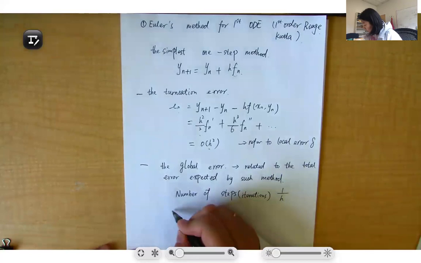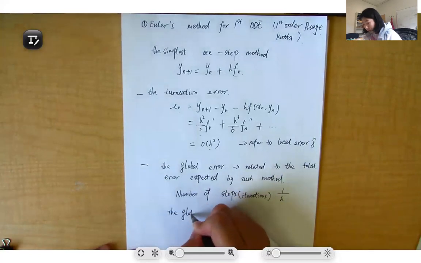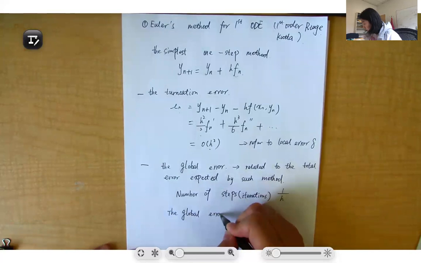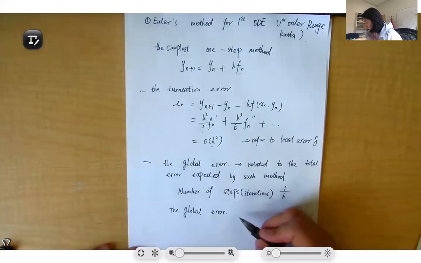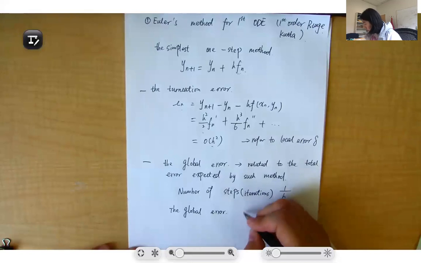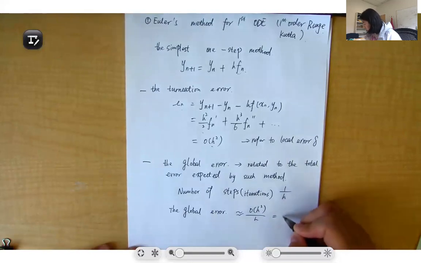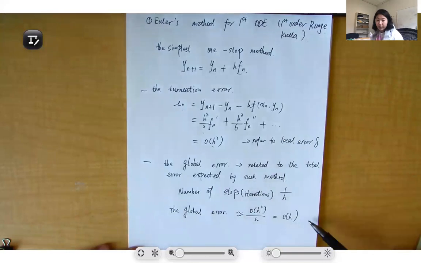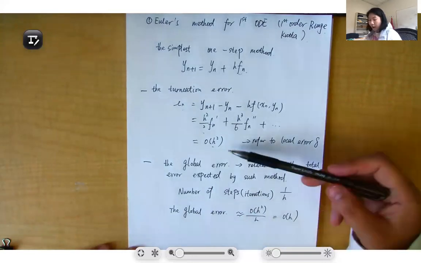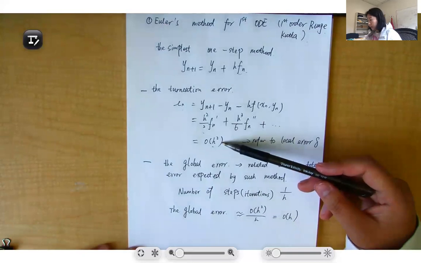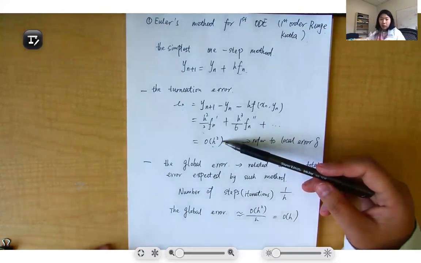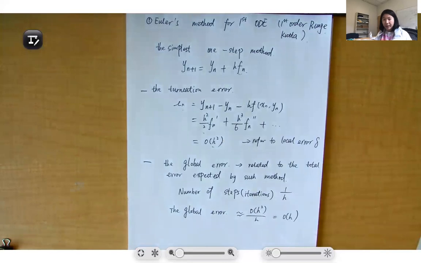So the global error will be estimated as O(h squared) divided by h, which is O(h). So the global error is of the order of h, and the local error is of the order of h squared. And this kind of error analysis will help us later decide what step size to choose when we use different numerical solutions.